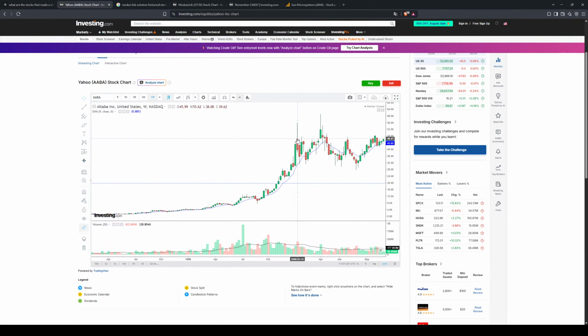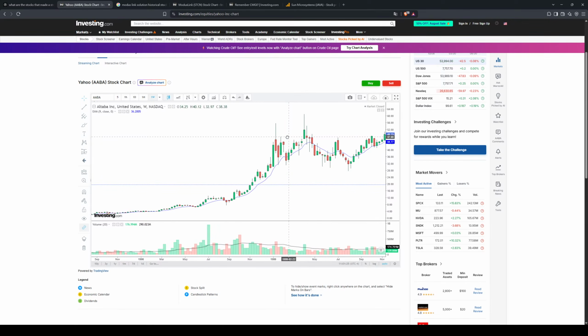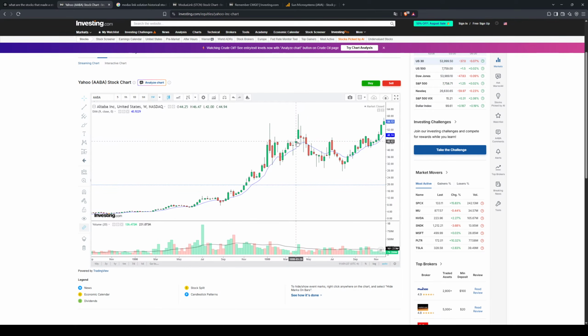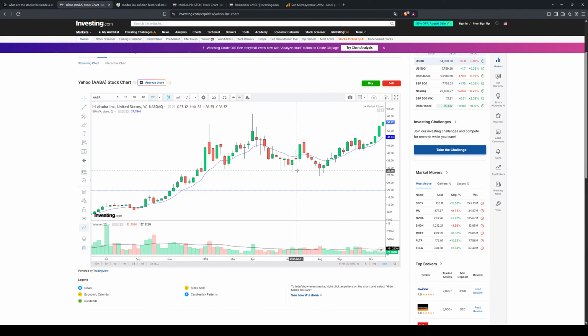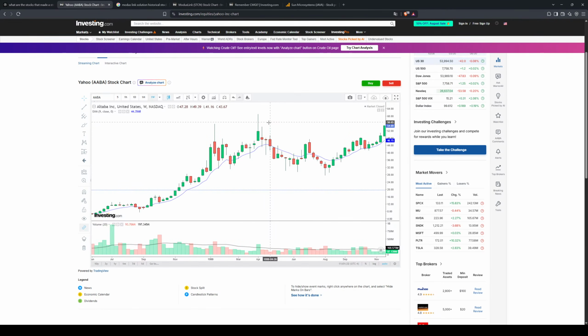Yahoo finds the first reversal candle right there and tries to build a base, like a bull flag, and then tries to push higher.